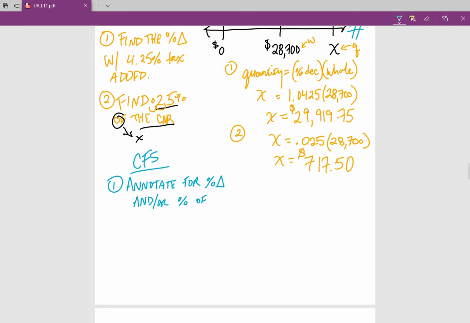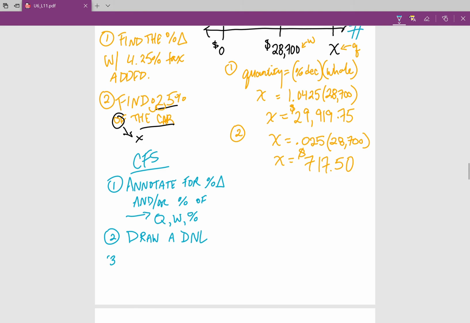And I'm going to even write a note under here. You can still annotate for the quantity, the whole, and the percent as a decimal, especially because in the criteria for success number 2, you need to draw a double number line. You can do that on there. Draw a double number line to represent it.